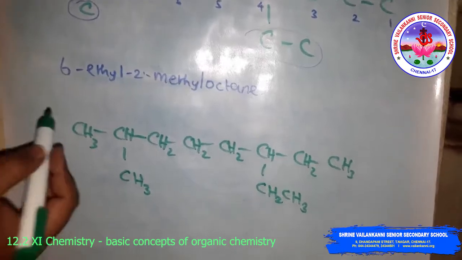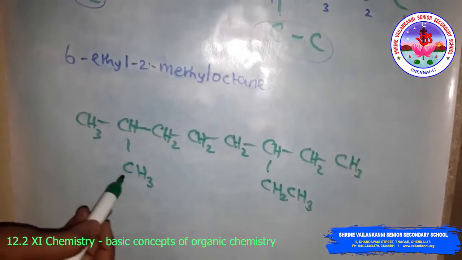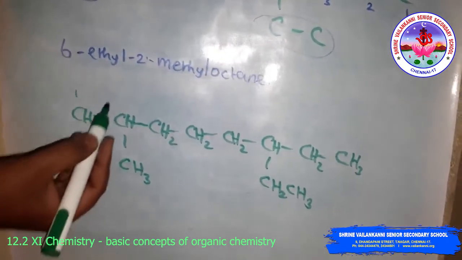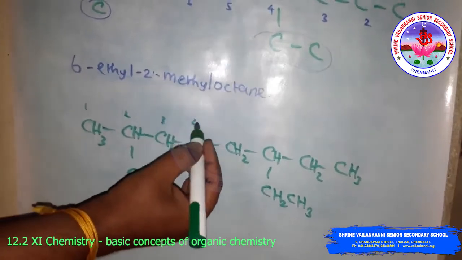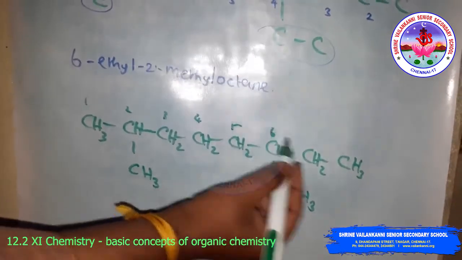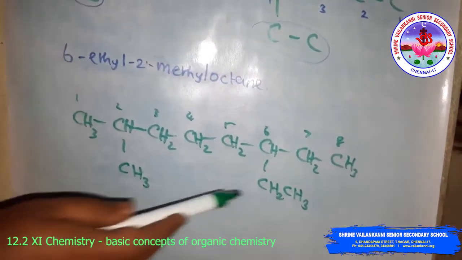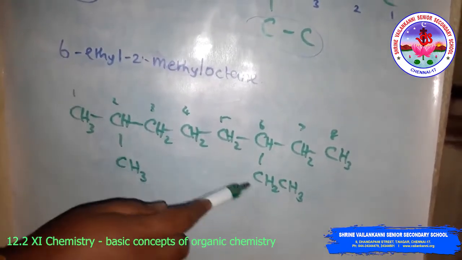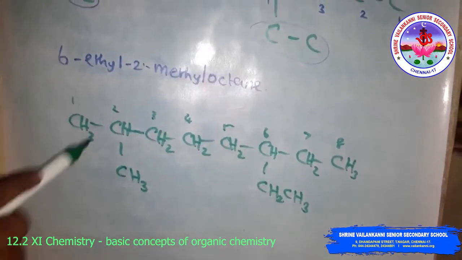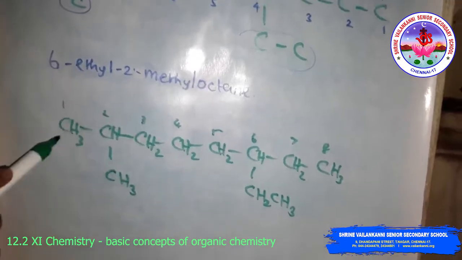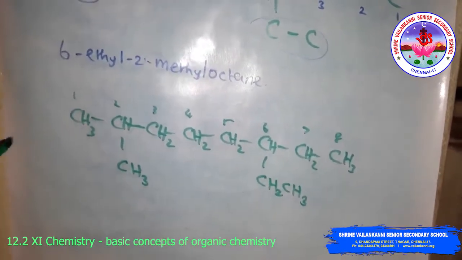Here, for the numbering, the longest chain is this, with the lowest sum rule. So you have to start the numbering like this: 1, 2, 3, 4, 5, 6, 7, 8. So here 6-ethyl. Why? Because in alphabetical order E comes first, so we write 6-ethyl 2-methyl. The long chain is what? Octane, 8 carbon. So octane.